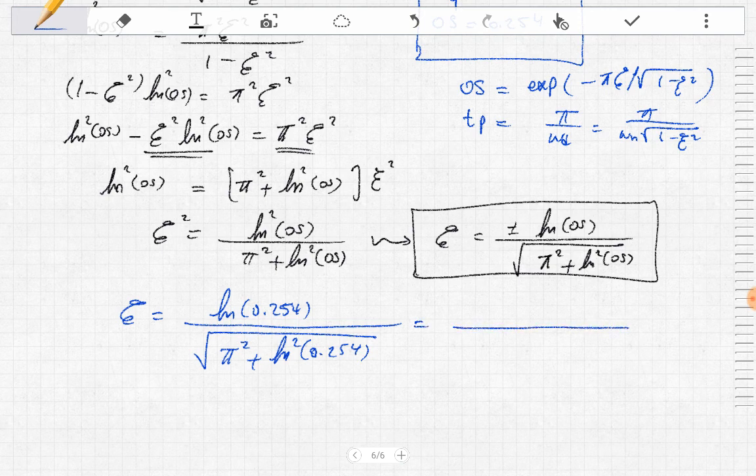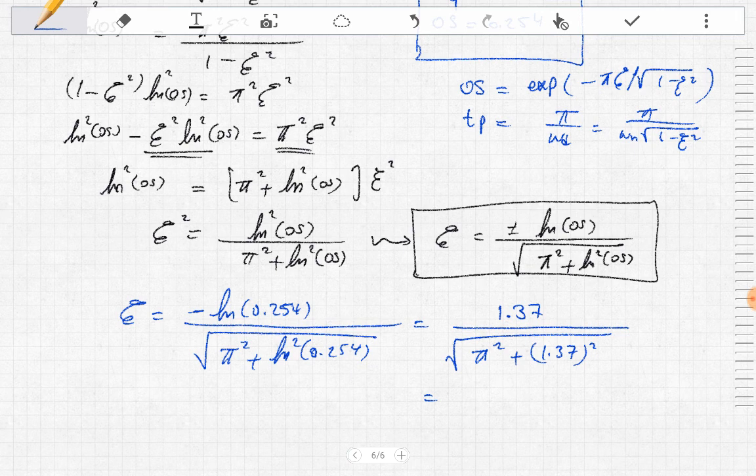So let's put the number. What's the ln of 0.254? Minus, right? So we'll put minus here, so make it positive. 1.37 over the square root of pi square plus 1.37 square. True. We are going to get eta.